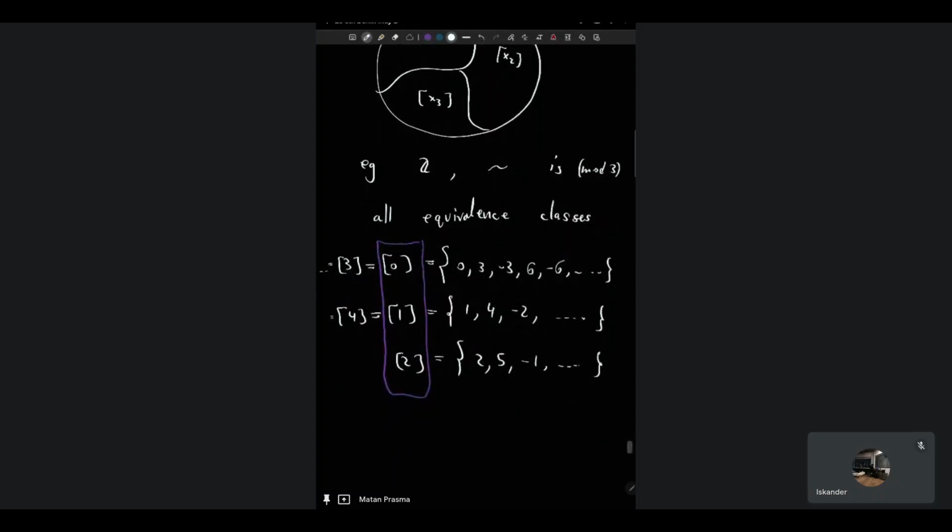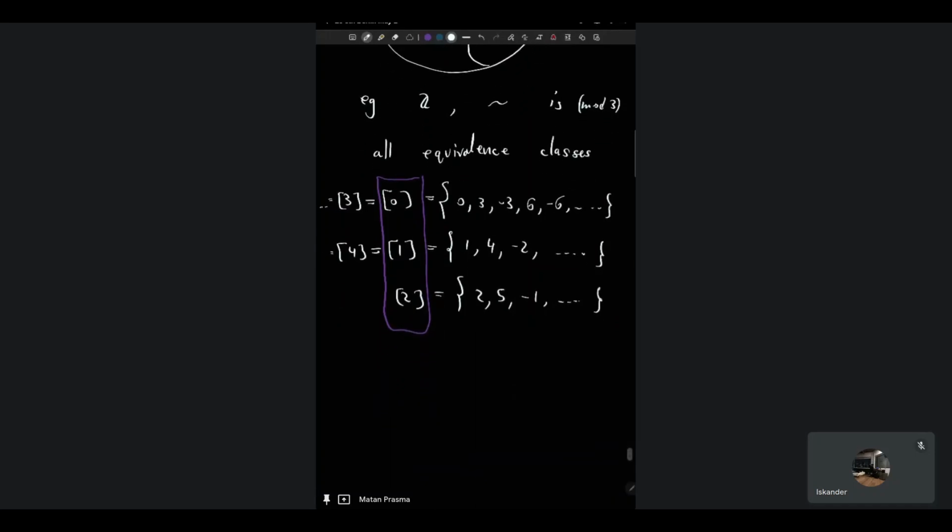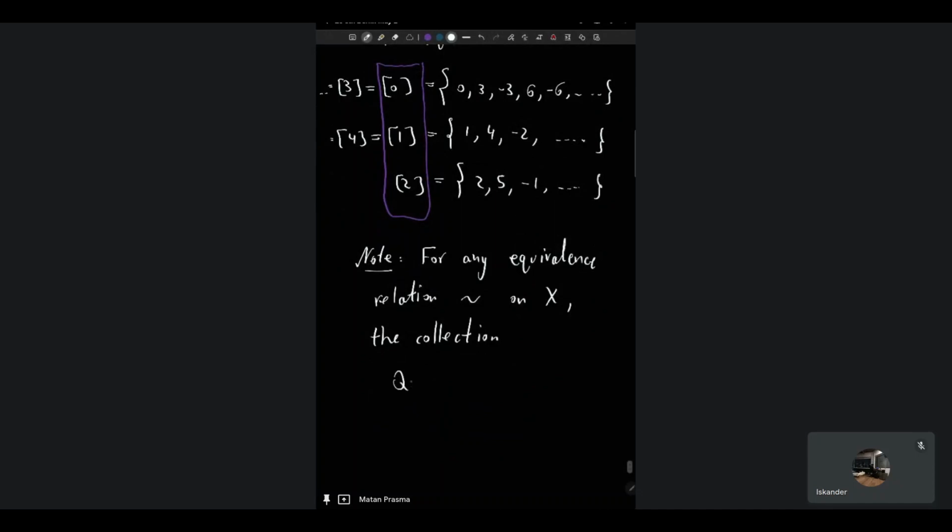And I get that the collection of all equivalence classes is what is called the partition of the set X. Note, for any equivalence relation tilde on X, the collection of all equivalence classes, I will call it Q. This is the collection of all equivalence classes of x, such that x is some element in the main set, the ambient set X.